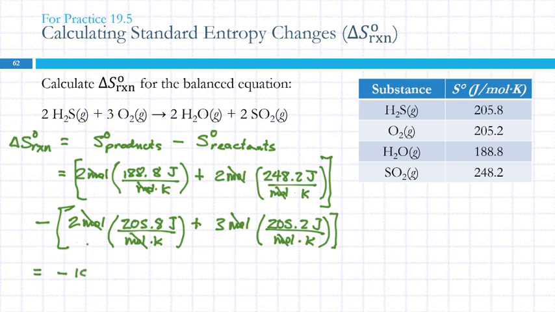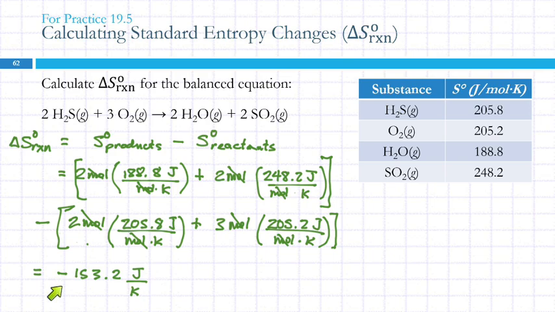And I'm getting minus 153.2. That would be joules per Kelvin. Any questions?